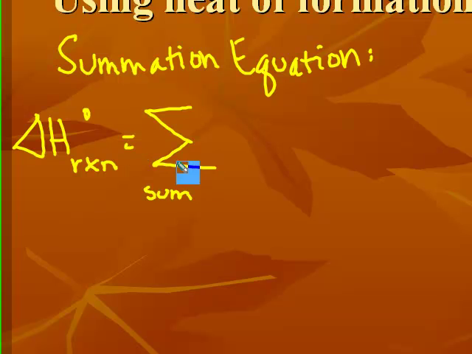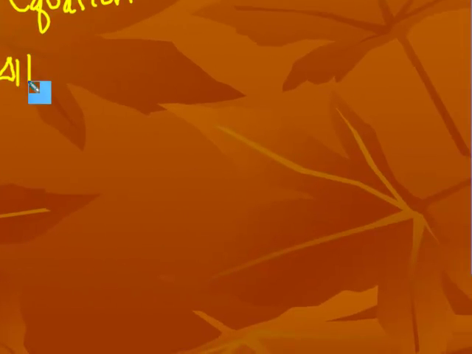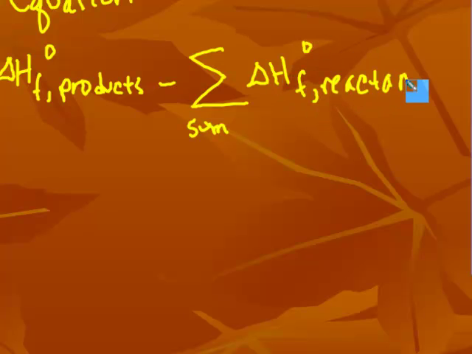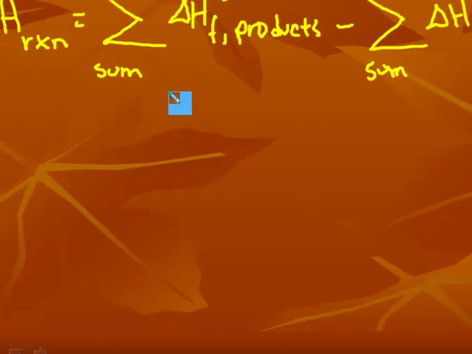So it's going to be the sum of all the heats of formation of your products minus the sum of all the heats of formation of your reactants. Okay? So that's the equation. Sum isn't written there. And we're going to apply it and show you just how easy this is.